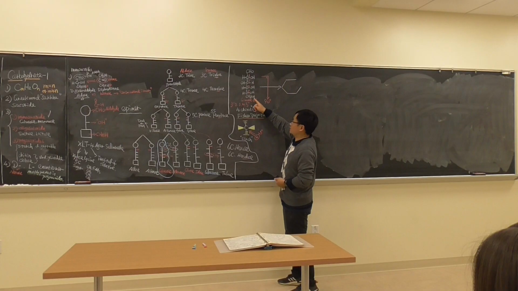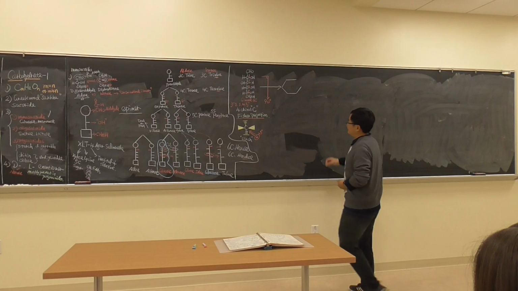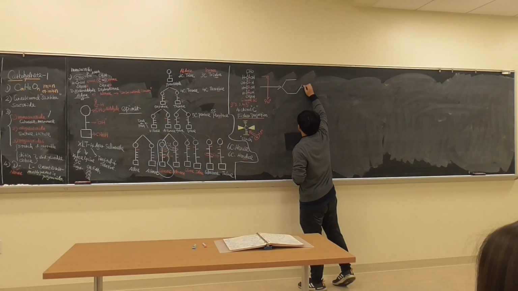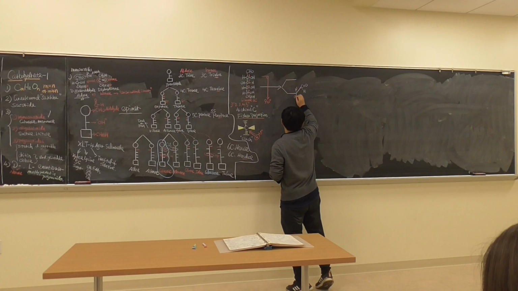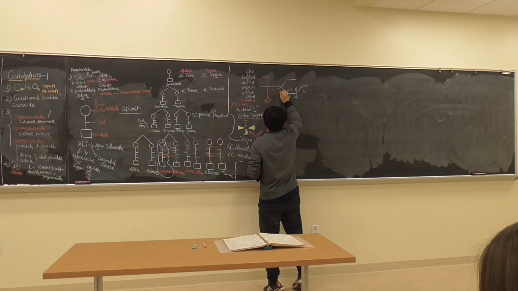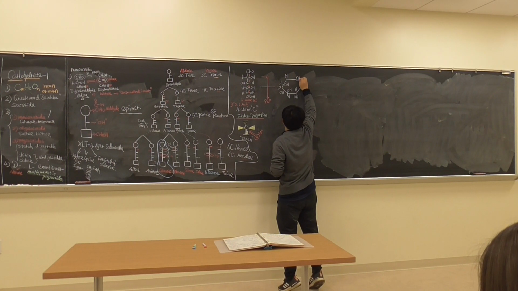This Fischer projection, you simply turn 90 degrees, what is it going to look like? See? That's no problem. H, OH, no problem. OH, H, then you go here, OH, H, then you go here, OH, H, CH2OH.